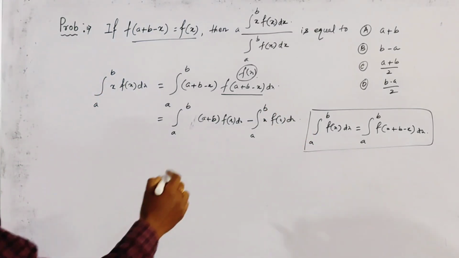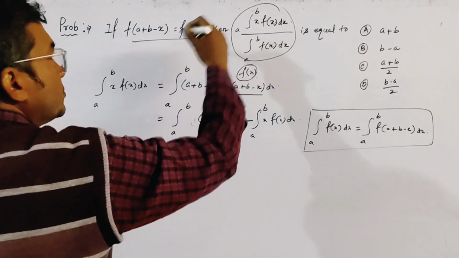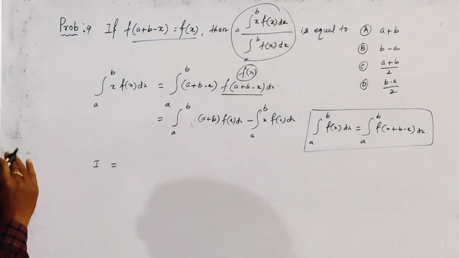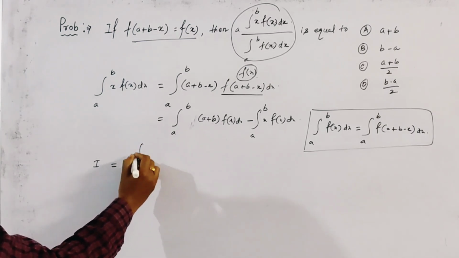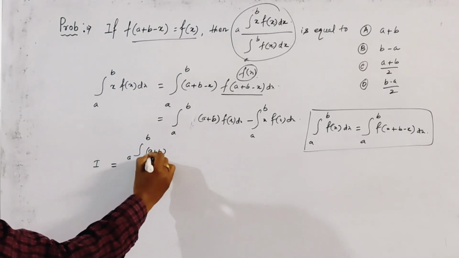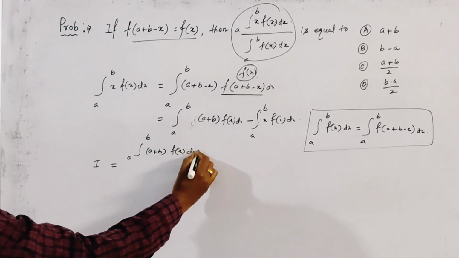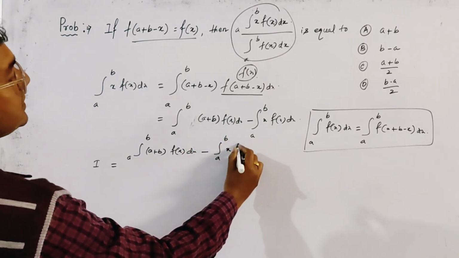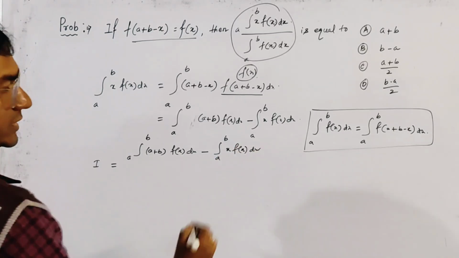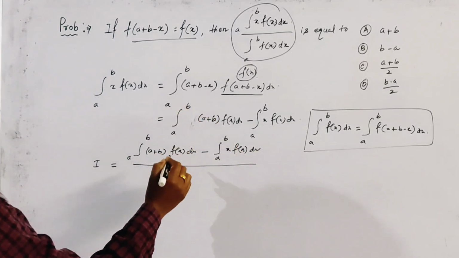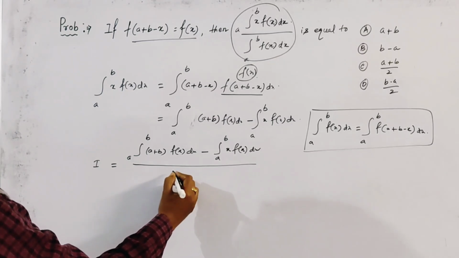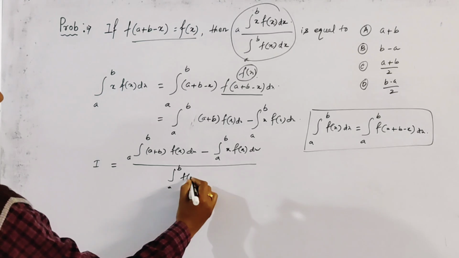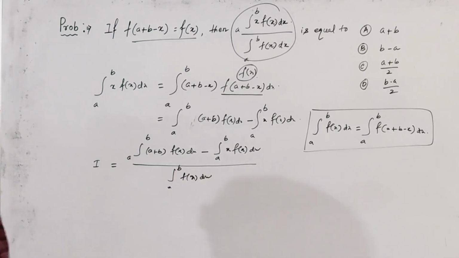If we take the given expression as I, we write I equal to the upper portion, integration a to b (a plus b) into f(x) dx minus integration a to b x f(x) dx, divided by the lower portion, integration a to b f(x) dx.